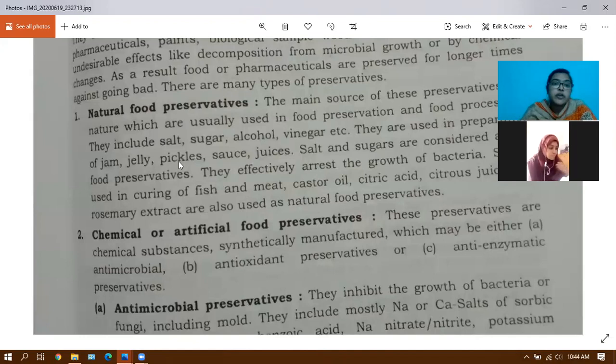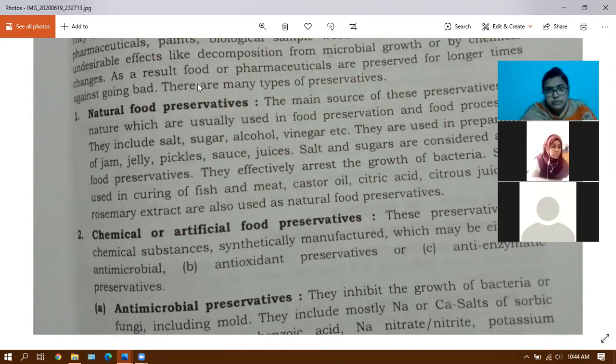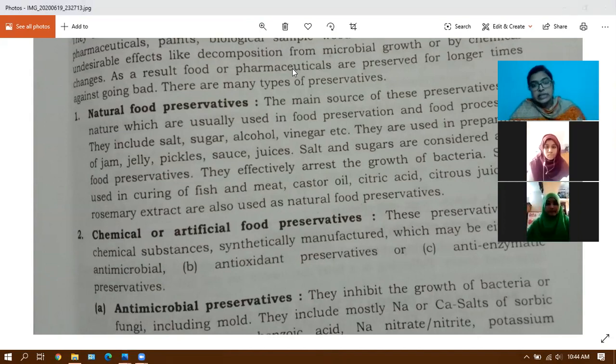Preservatives are natural or artificial substances which are added to food, pharmaceuticals, paints, biological samples, wood, etc., in order to stop undesirable effects like decomposition from microbial growth or by chemical changes. As a result, food or pharmaceuticals are preserved for a long time against going bad.